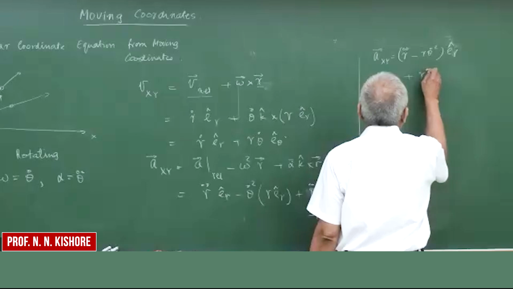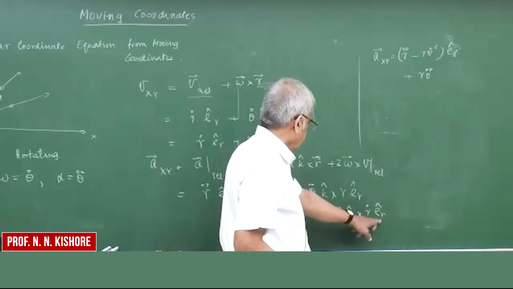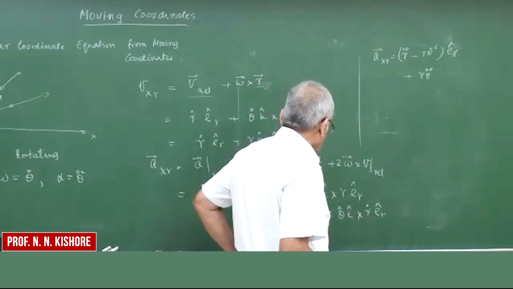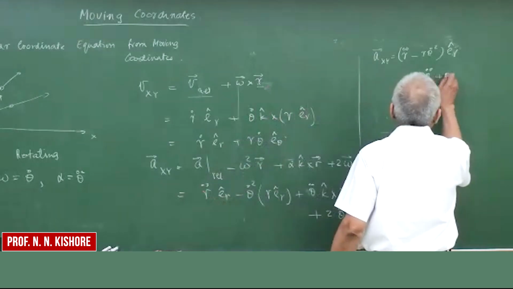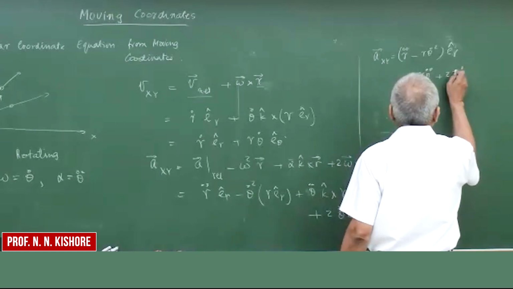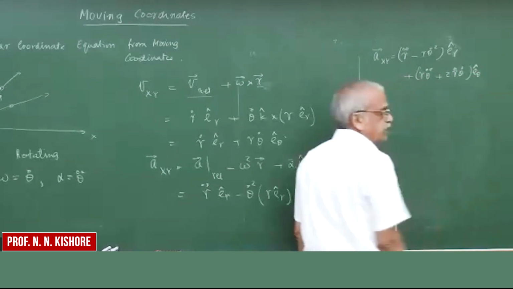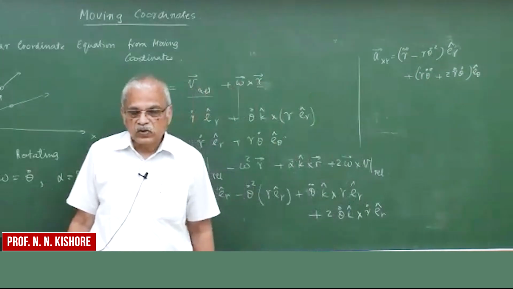So you have r theta double dot, and then k ER again is E theta, and that is 2 r dot theta dot. See, it is so nice.